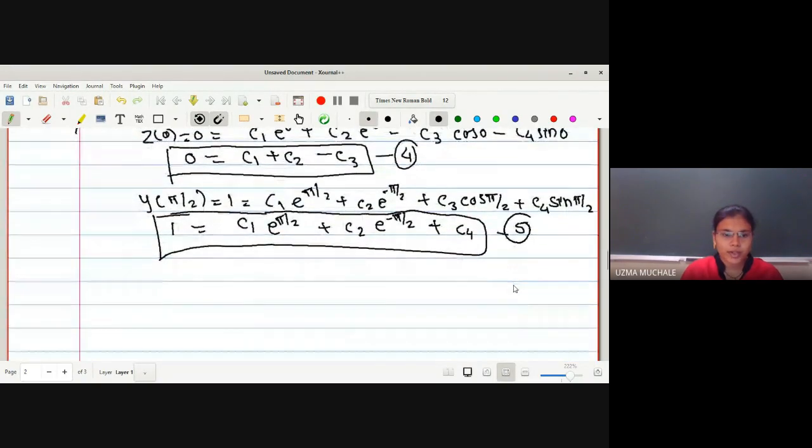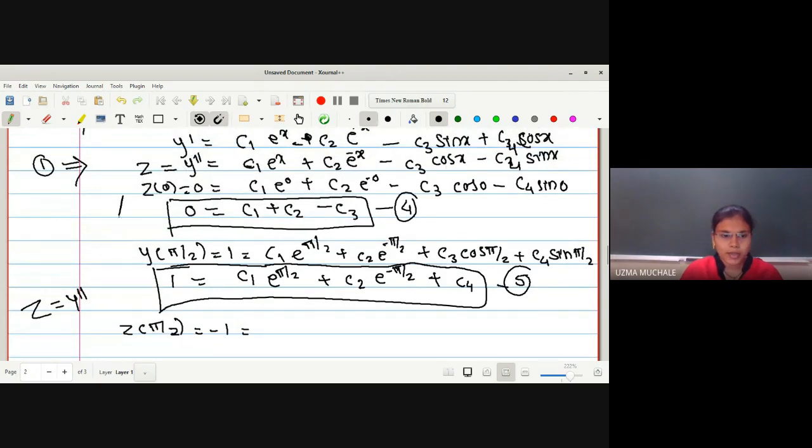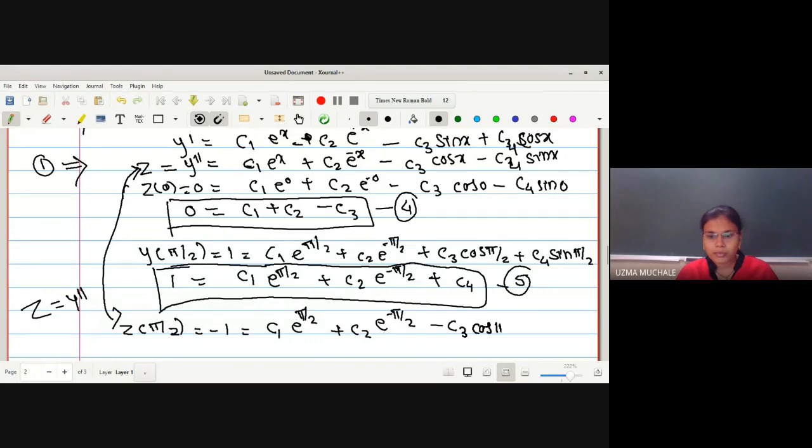Now let us solve the next one. What is the next value given to us? Z of pi by 2 is equal to minus 1. Z is nothing but y double dash, which we have already found. So wherever you have x, you have to put pi by 2: C1 e raised to pi by 2 plus C2 e raised to minus pi by 2 minus C3 cos pi by 2 minus C4 sin pi by 2.